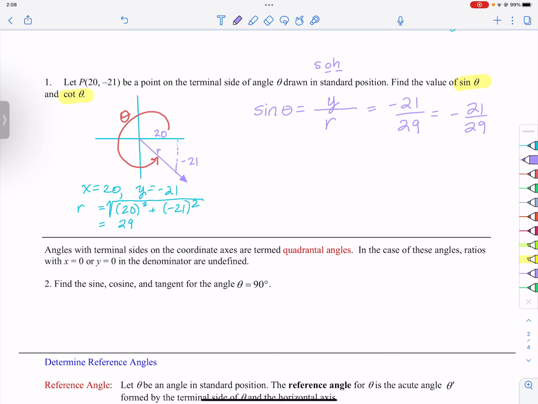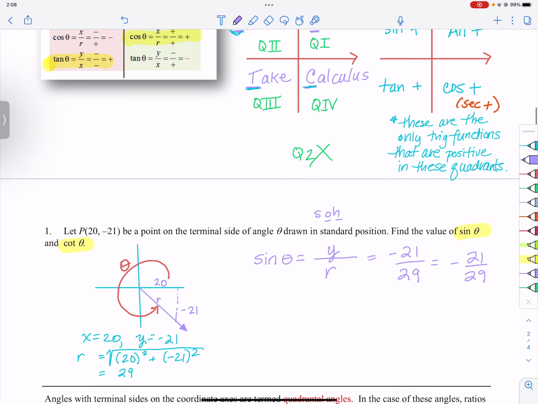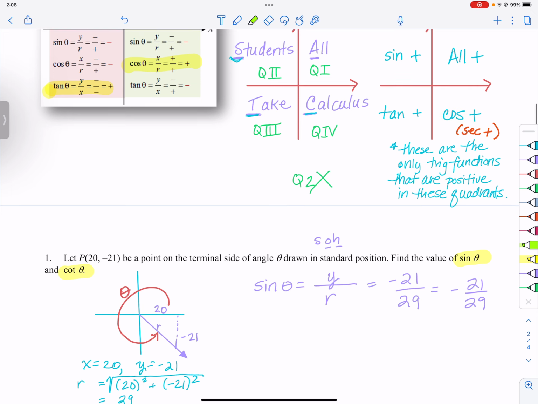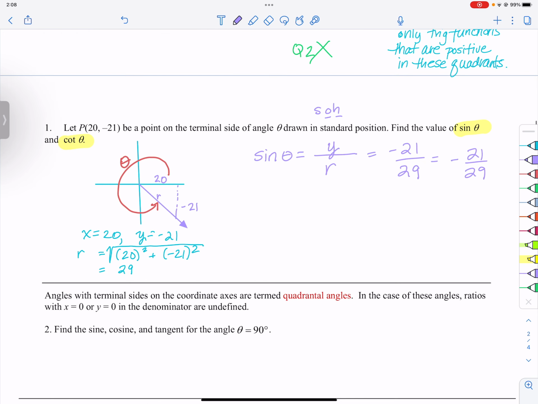Now, what did you notice? Did you expect the sign to be negative in quadrant 4? Yes, the sign is negative because the only trig function that is positive in quadrant 4 is the cosine. Okay, so we expected that to be negative.